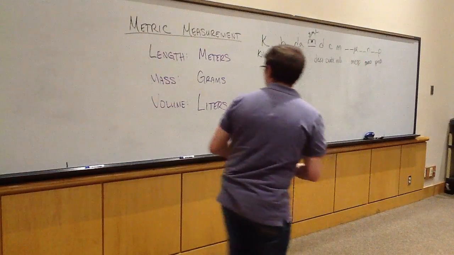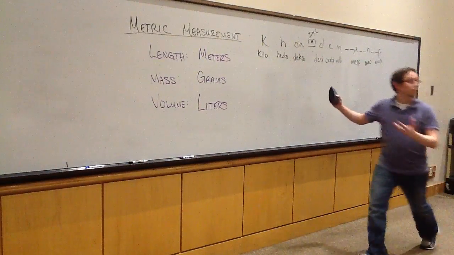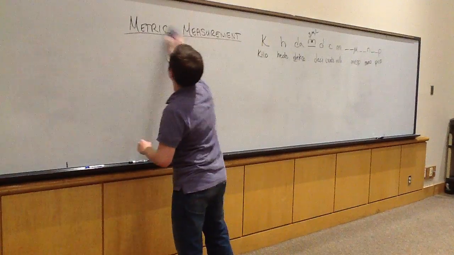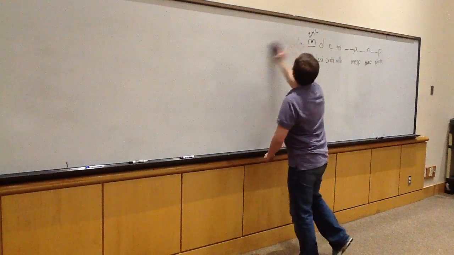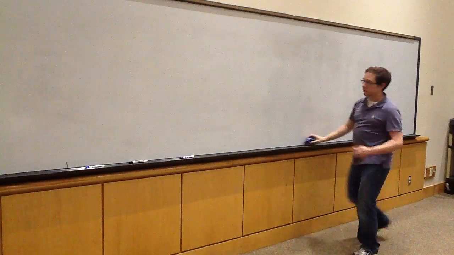Okay, good. All right, so I'm going to erase and clear up some space because I want to go over the numeric relation between all of these prefixes, and then we're going to jump right into converting between these different units. So I'm going to just draw this again to give myself a little more space to work with.